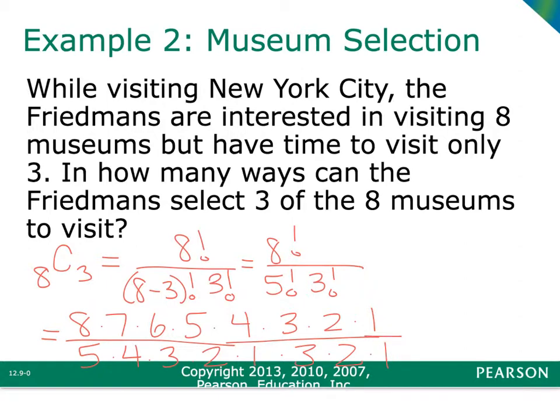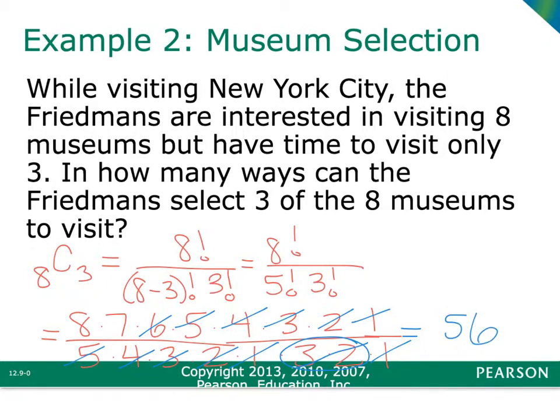Now, the 5s can cancel, and the 4s, 3s, 2s, and 1s can all reduce. So in your numerator, you have 8 times 7 times 6, and in your denominator, you have 3 times 2 times 1. You can knock out the 1 because dividing by 1 doesn't do anything. Also, 3 times 2 is the same thing as 6, so the 6 in the bottom can cancel the 6 in the top. So you would have 8 times 7, or 56 different ways.